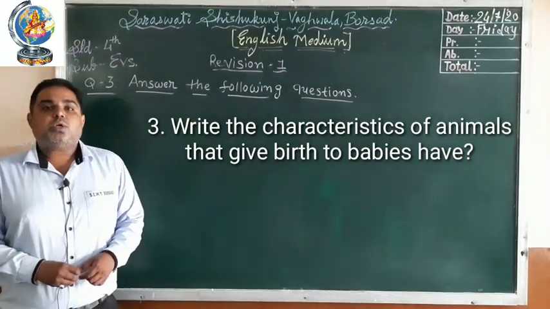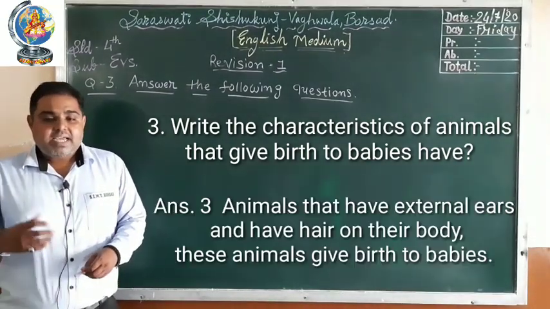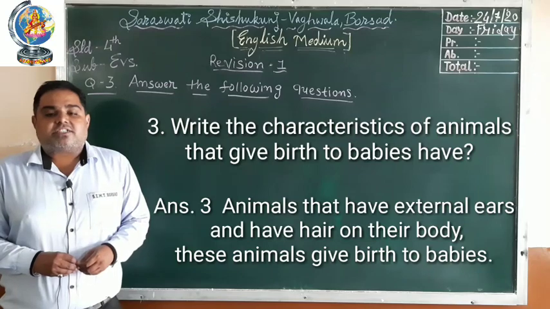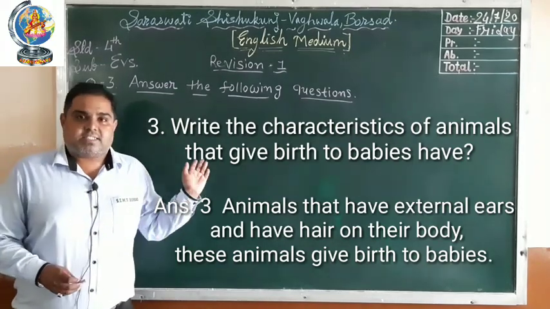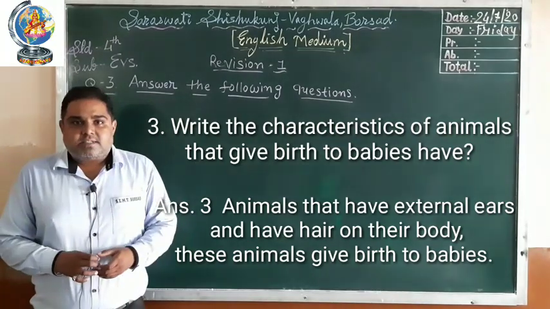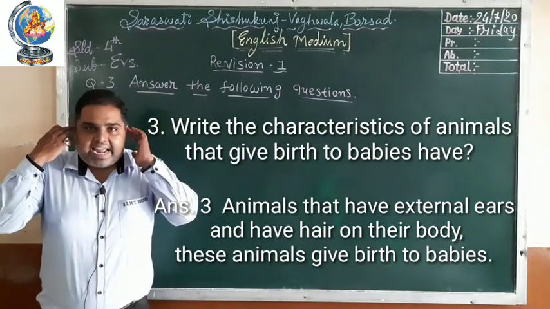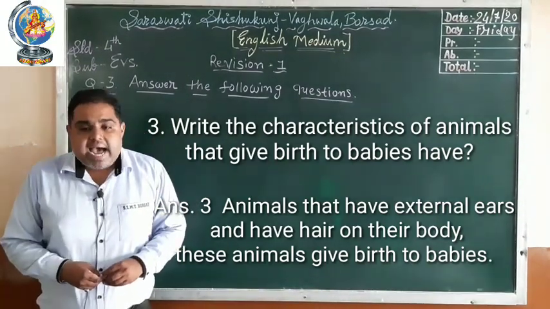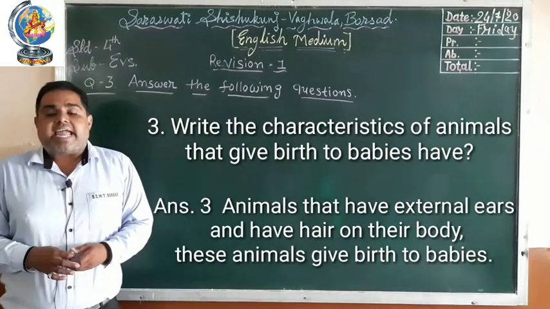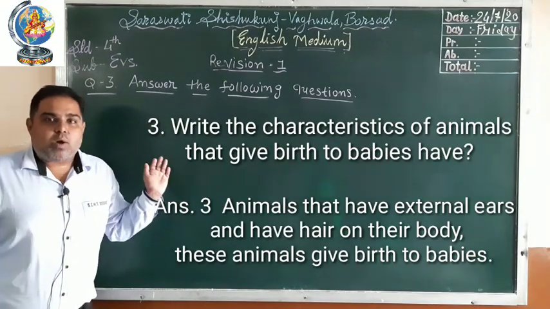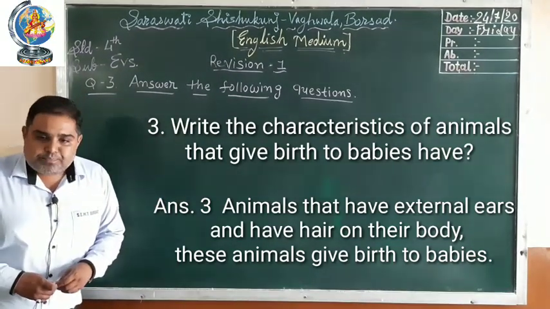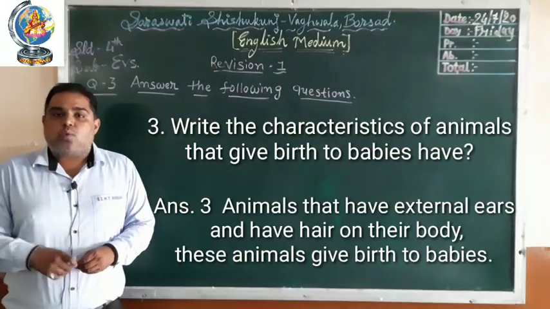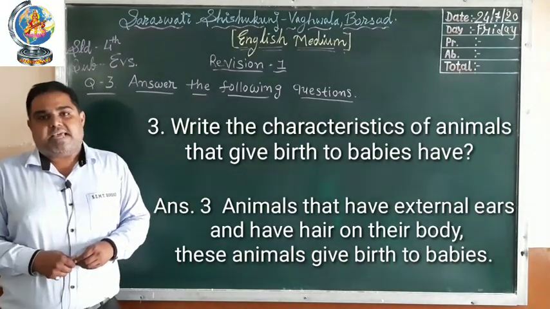It means, how can you identify the animals that give birth to babies? Your answer is, animals that have external ears, means the animals whose ears we can see with our eyes, and those animals have hair on their body. These animals give birth to babies.